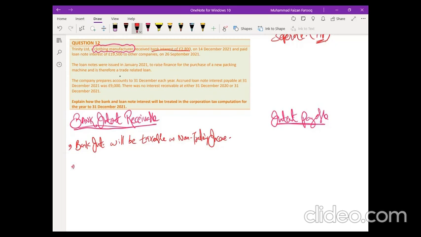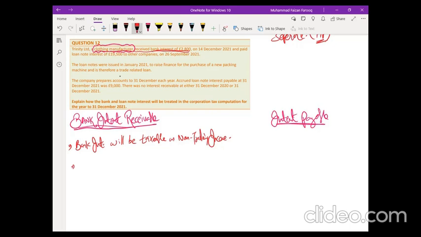But how do we know that it is non-trading? So is this a trade purpose income or non-trade purpose income? See, you are a clothing manufacturer and you are receiving interest from the bank, right?